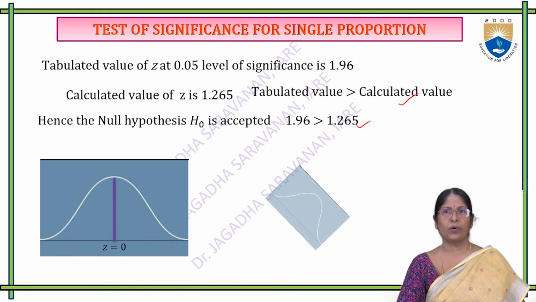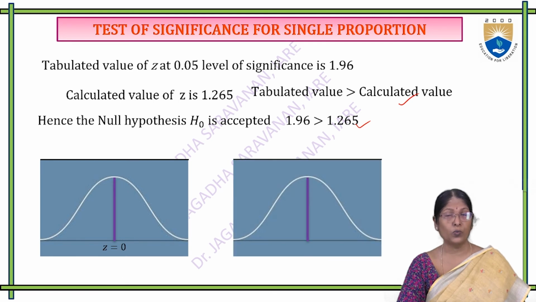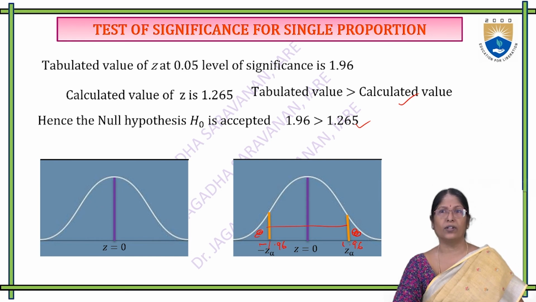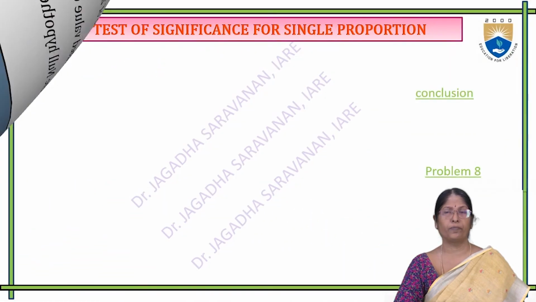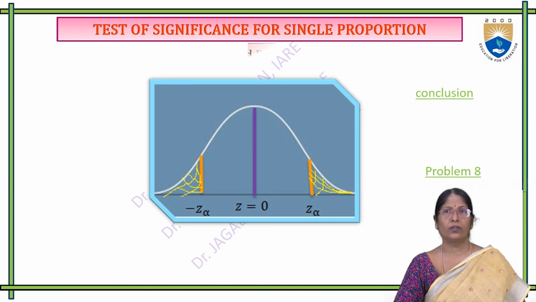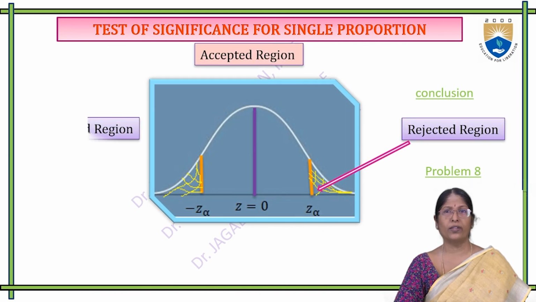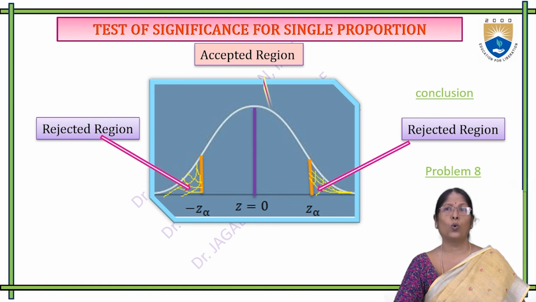The bell-shaped normal curve, and in this we have selected the two-tailed test. The graph here is from minus 1.96 to 1.96. These are the regions, that is the rejected regions. So it is very clearly given in the graphical representation with accepted and rejected regions.